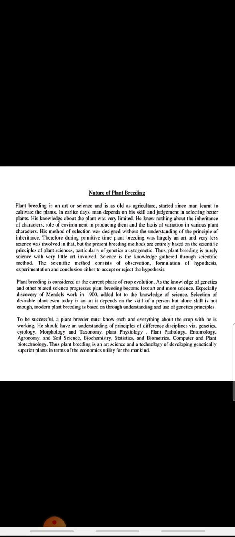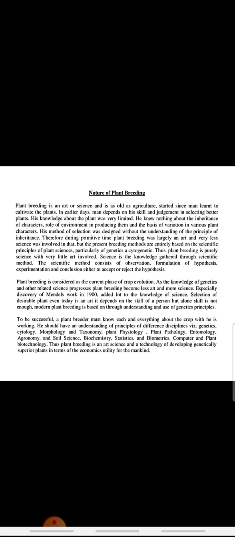Therefore, during primitive times, plant breeding was largely an art, and very little science was involved. But the present breeding methods are entirely based on the scientific principles of plant sciences, particularly genetics and cytogenetics.